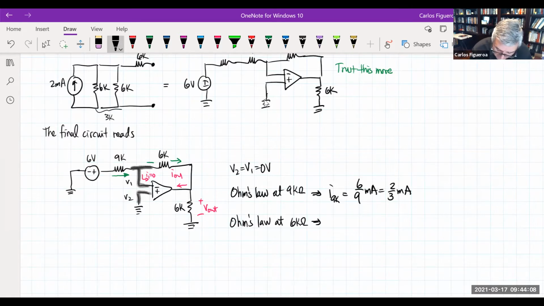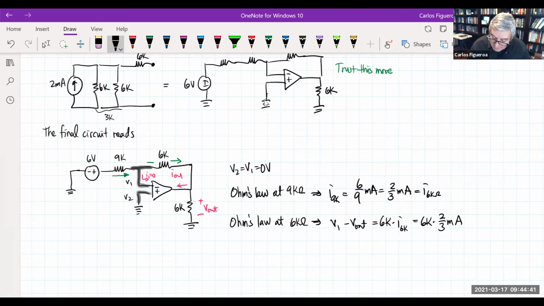I get this, but I now know that the current between the 9K and the 6K must be exactly the same. So if I apply Ohm's law, it says that V1 minus V out has to equal 6K times the current of the 6K, which of course is going to be 6K times 2/3 milliamps here.